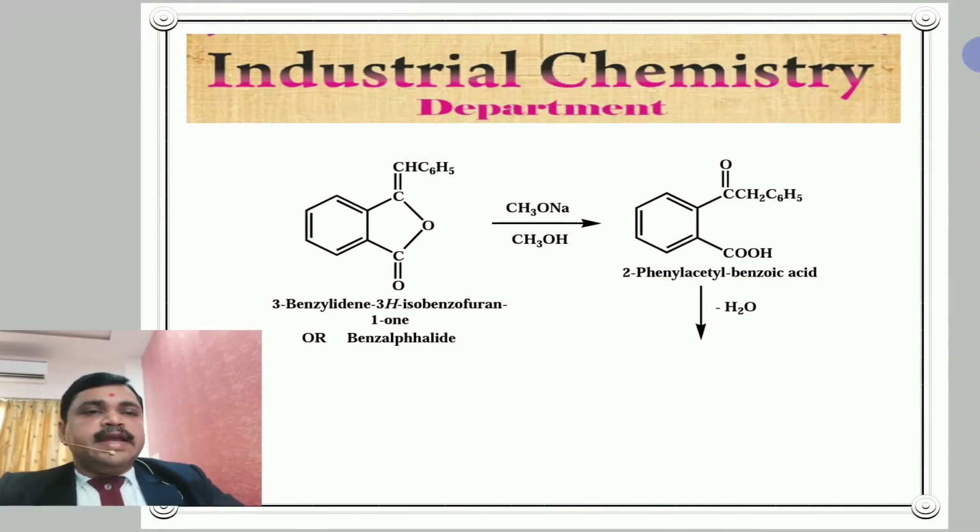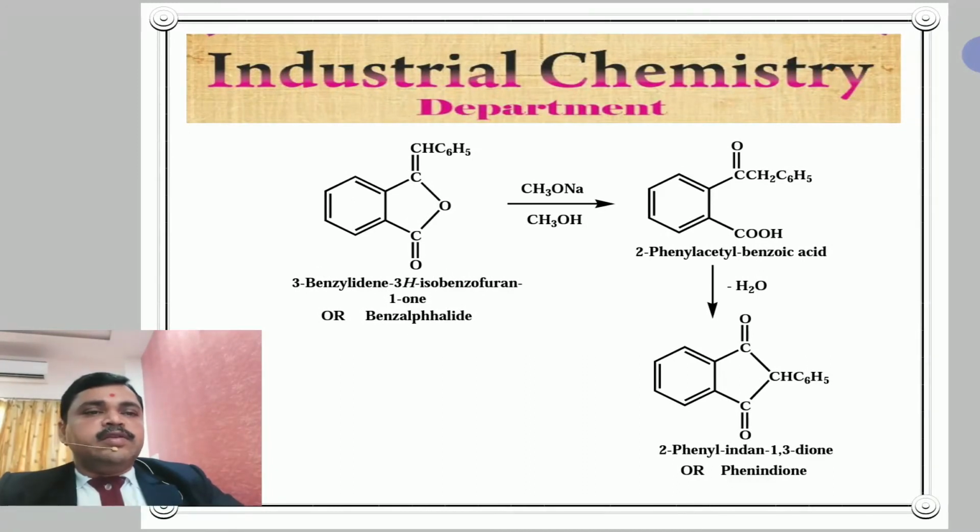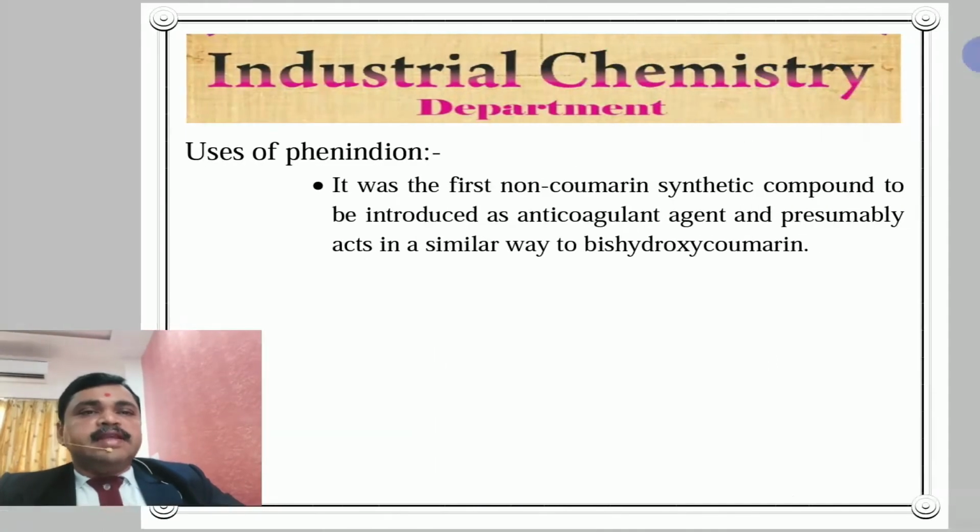This 2-phenyl acetyl benzoic acid undergoes a dehydration process. Water is removed, so we get 2-phenyl indene 1,3-dione, and it is known as Fenindion. By this synthetic route, we get Fenindion from benzal phthalide.